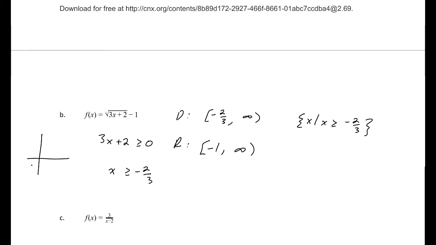We have our lowest point here. This lowest point has y value negative 1, at x equals negative 2/3. So the domain is going to the right of negative 2/3, greater than or equal to, and the range is greater than or above negative 1. So this would be y such that y is greater than or equal to negative 1.